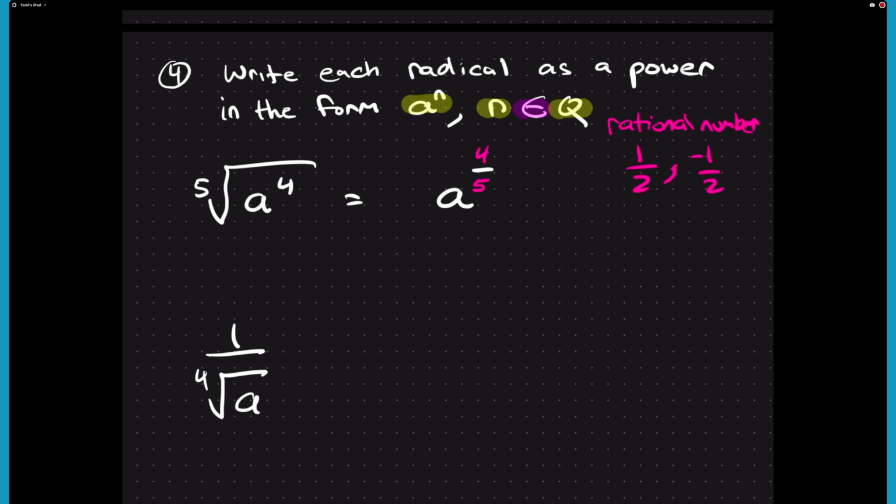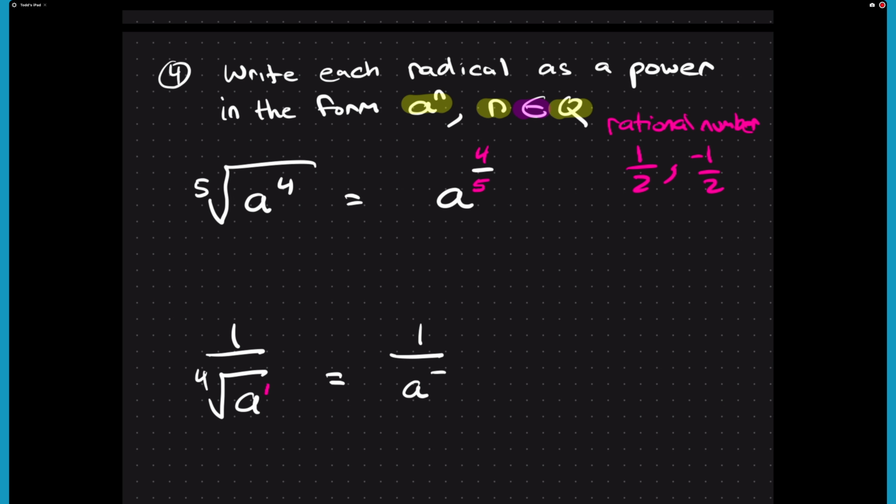And for the second example down below, essentially we've got a fraction here with a radical on the bottom. So let's deal with that radical first, and we'll put it into a power form. So I've got a, again, that's going to be raised to something, and what is on that a?